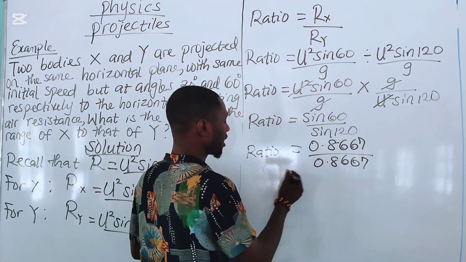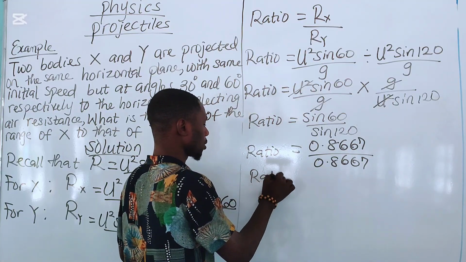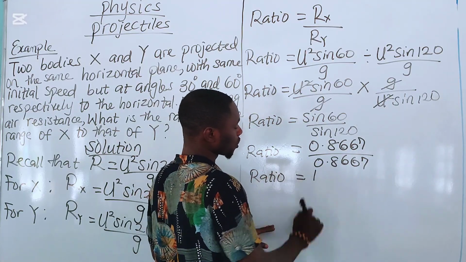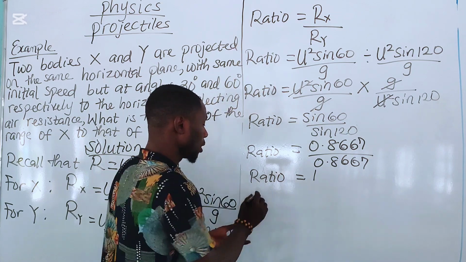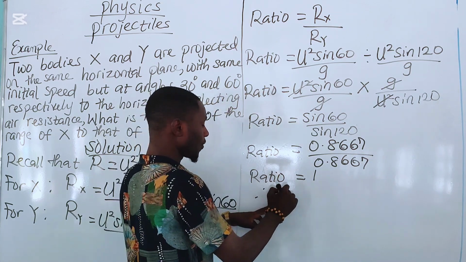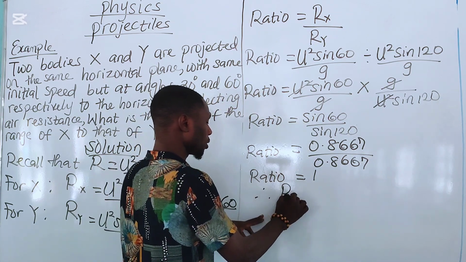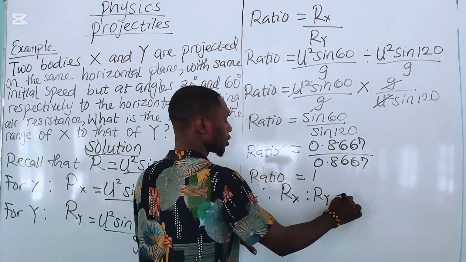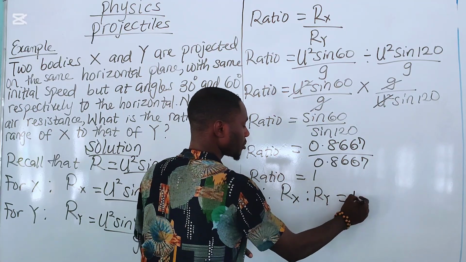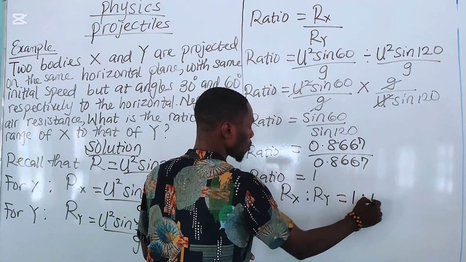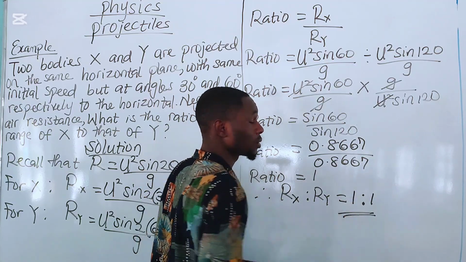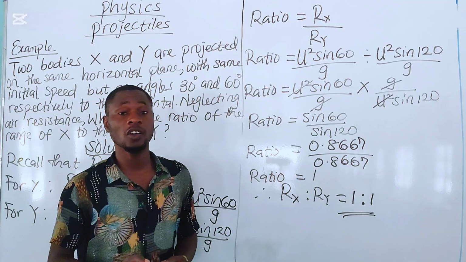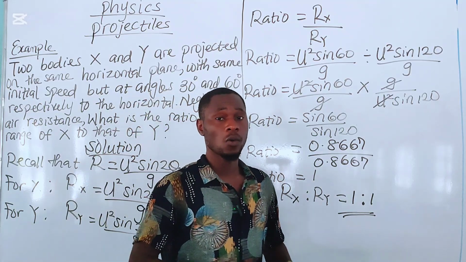So this divided by this, our ratio will be equal to 1. So therefore, the ratio of X to that of Y, so RX to RY, is equal to, since it's 1, the same thing as 1 to 1. So that gives us the ratio of the range of X to that of Y.